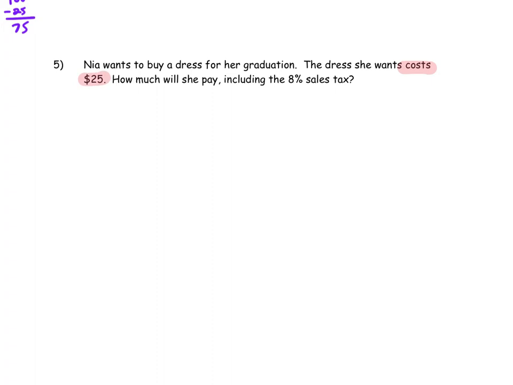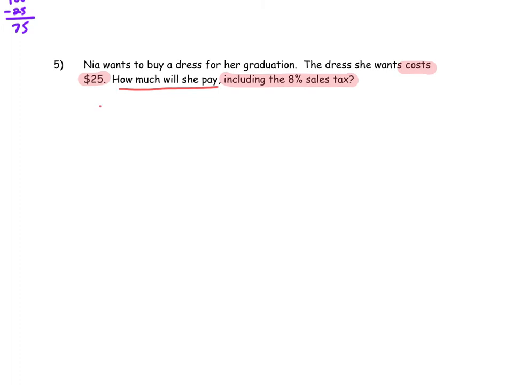It mentions how much will she pay, including 8% sales tax. So we're trying to figure out the total she'll pay. There's two ways we could approach this. We can find the sales tax and then add it on, or we can add it on to 100% first. So let's look at both of those situations.